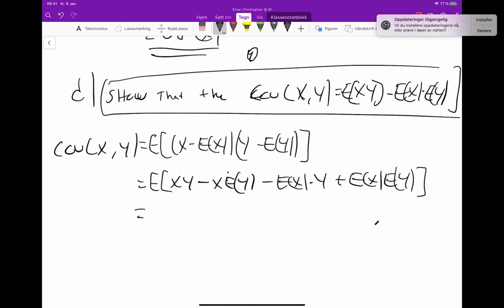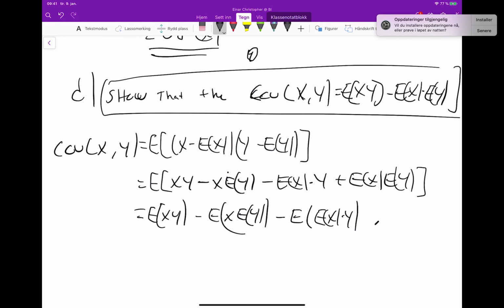And then I'll put the expectation inside the parenthesis here. So I get expectation of xy minus expectation of x times expectation of y, minus expectation of x times y, plus expectation of x times expectation of y, like this.